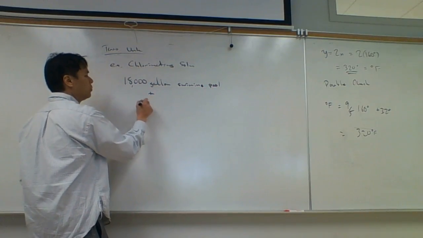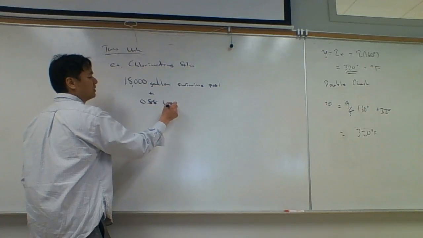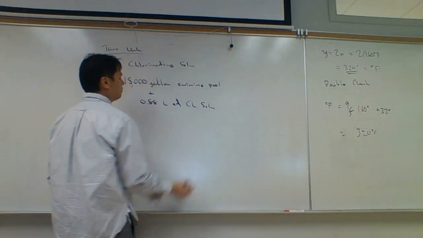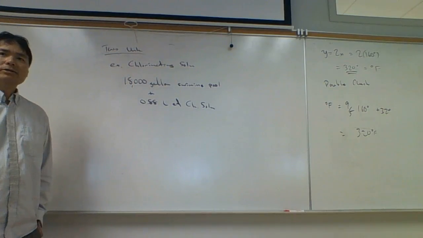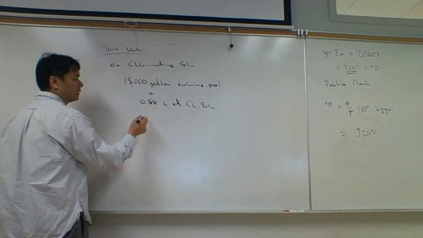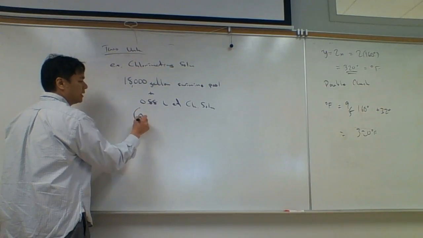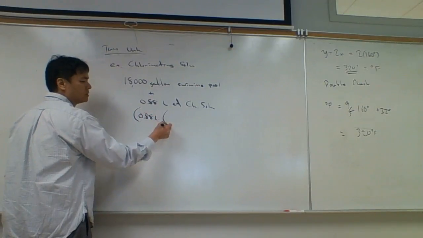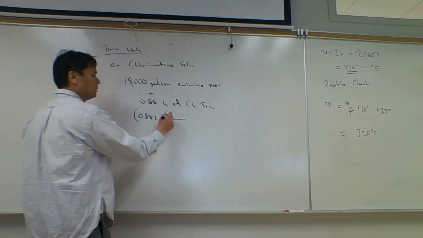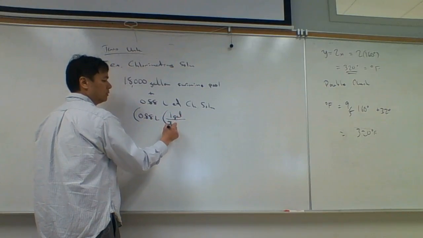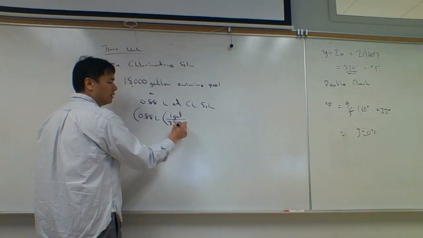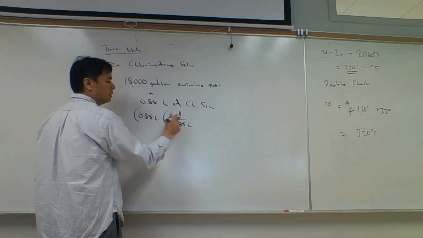Plus, we added 0.88 liters of chlorinating solution. Well, 0.88 liters is how many gallons? Okay, so we can convert that into gallons. So 0.88 liters. We can do this using dimensional analysis with the conversion factor. 1 gallon is equivalent to 3.785 liters.